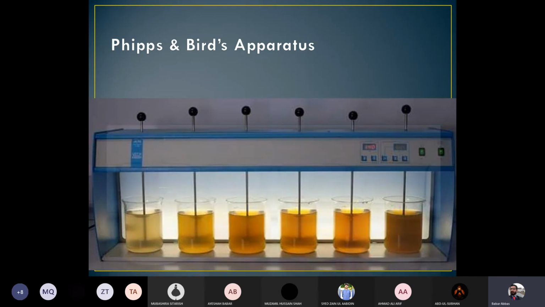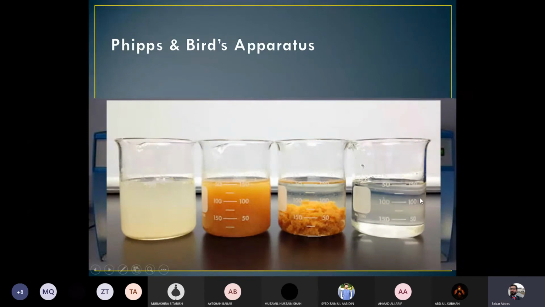And after the treatment, we can analyze that the water is treated at this level, for example, the water is clearer. This was the initial sample, and this was after the coagulation and flocculation, and this is the sedimentation, and after sedimentation you have this type of product from a single beaker.